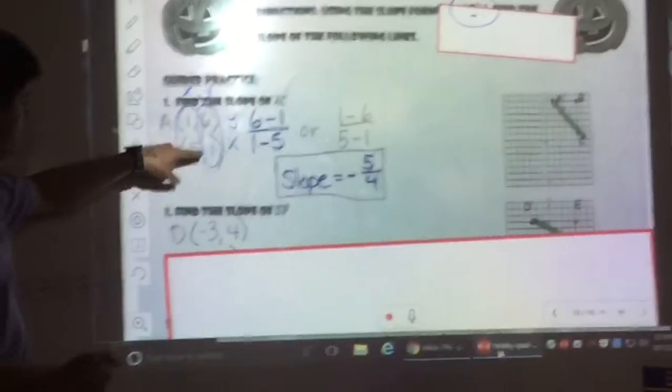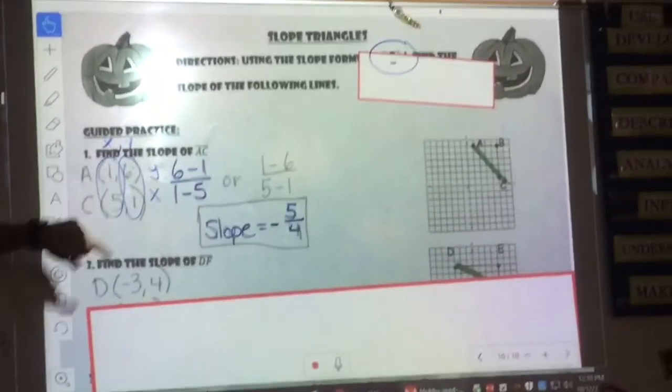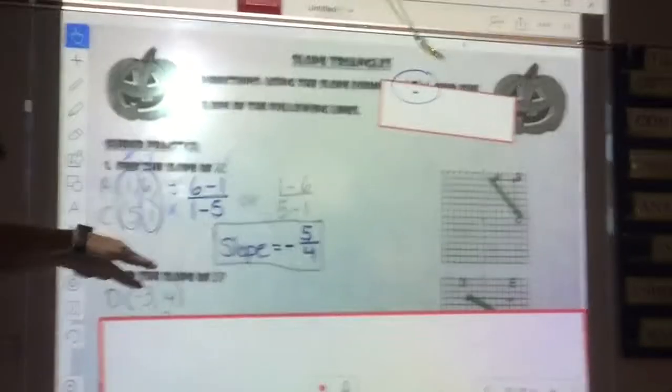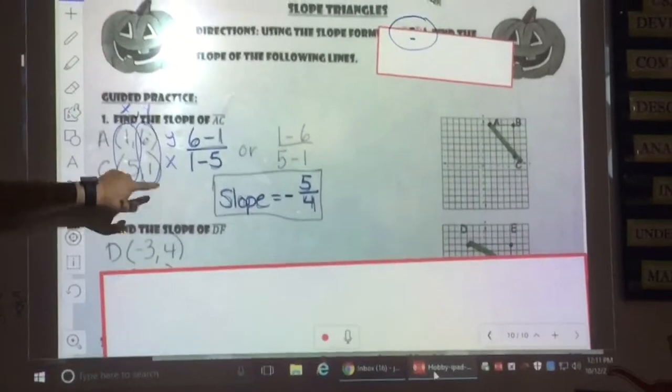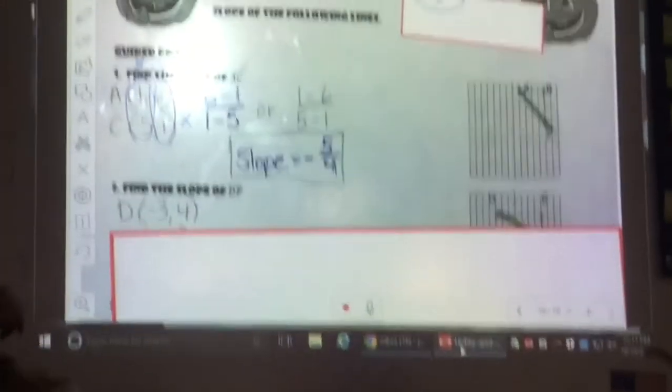But if you go from bottom to top, you have to do the same order for the x values too. You can't go 1 minus 6 and then 1 minus 5. You can either go down or up, you can't mix and match them.